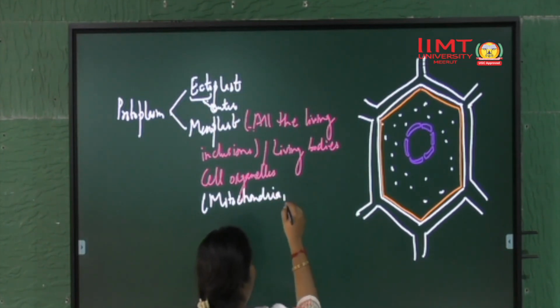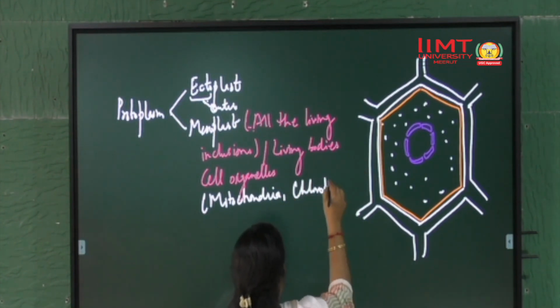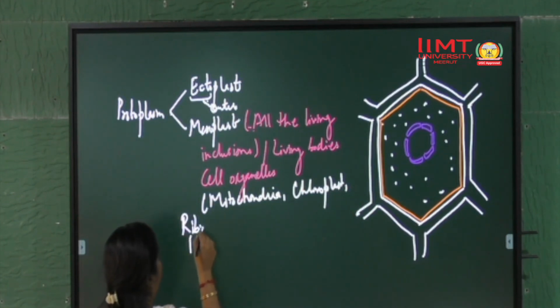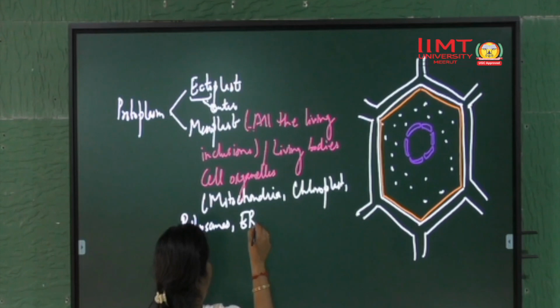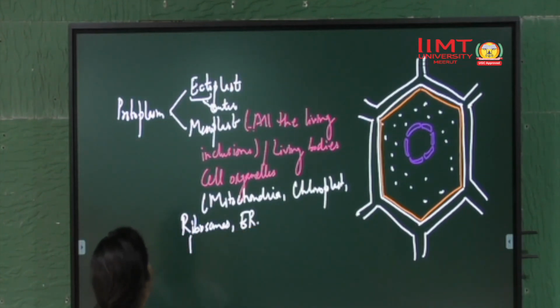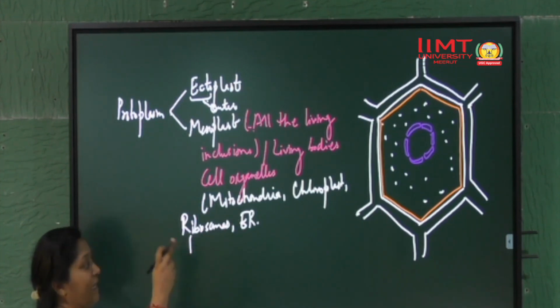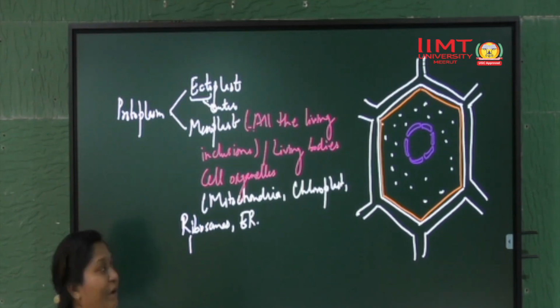If it is a plant cell, then chloroplast, ribosomes, endoplasmic reticulum, and many more. So this is the characteristic feature of this protoplasm, that it has been divided due to the presence of this nucleus. The protoplasm has been divided into two components, ectoplast and mesoplast.